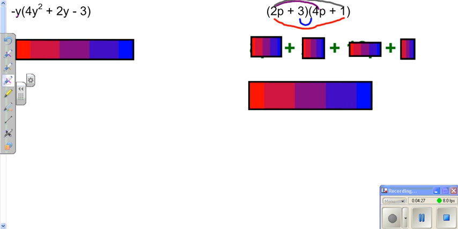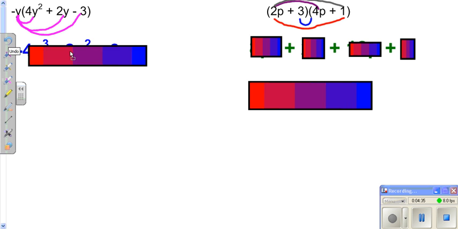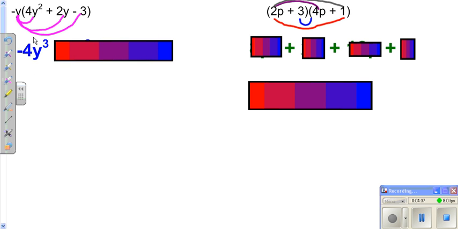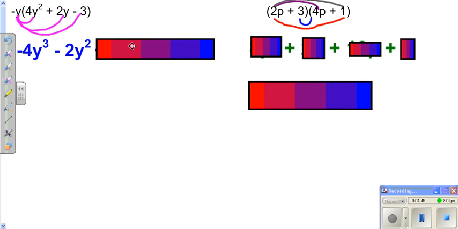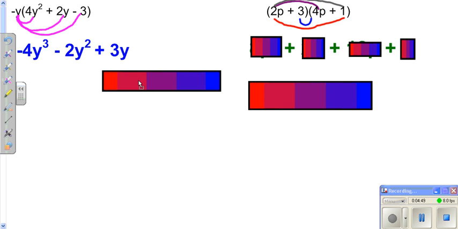So we're going to take our negative y times this, our negative y times this, and our negative y times this. Our negative y times our 4y squared is a negative 4y cubed. Our negative y times our 2y, a negative 2y squared. And our negative times our negative is a positive, and we get a 3y.